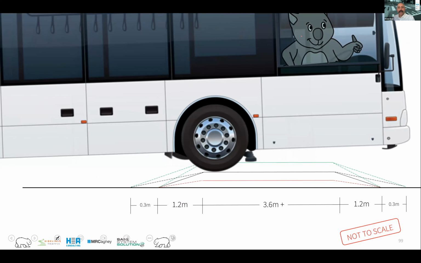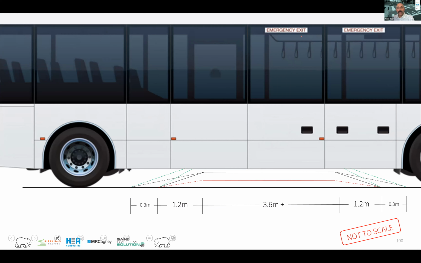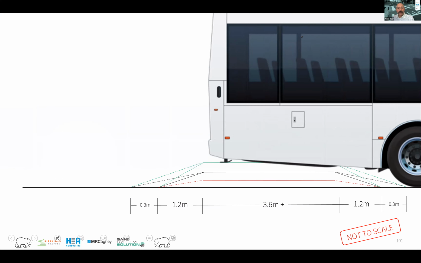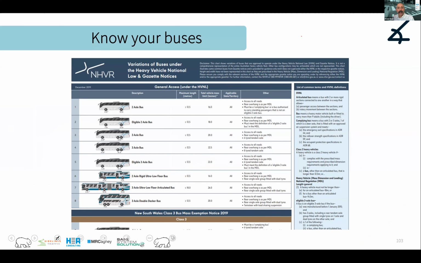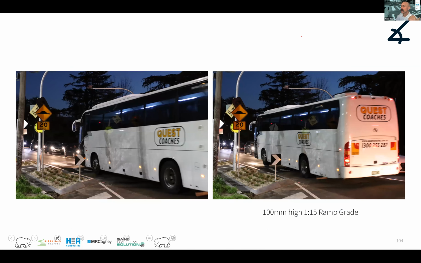So we have to think about that bus navigating over, not scraping there, then sort of being straddled over it, coming up, not scraping its back as it goes down. There's information from the National Heavy Vehicle Regulator on bus specifics and requirements, and your jurisdiction will have information on this. So let's have a look.